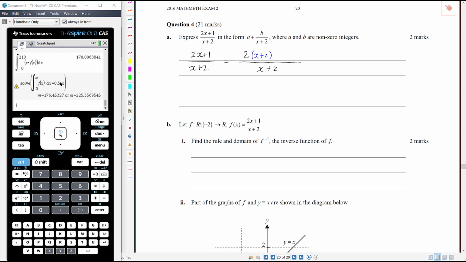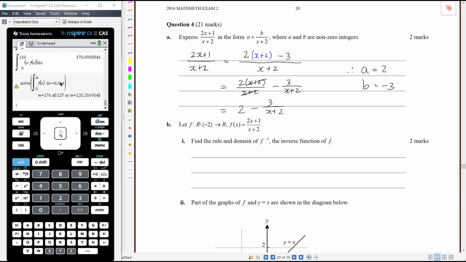So there's going to have to be a 2 out the front here to get the 2x. That will give me 2x plus 4, but I only want plus 1, and so there will need to be a minus 3 here. Okay, and so that means that you've got 2 times (x plus 2) over (x plus 2), take away 3 over (x plus 2). The x plus 2's cancel out there, and so we get 2 minus 3 over (x plus 2). And so therefore a is 2 and b is negative 3.